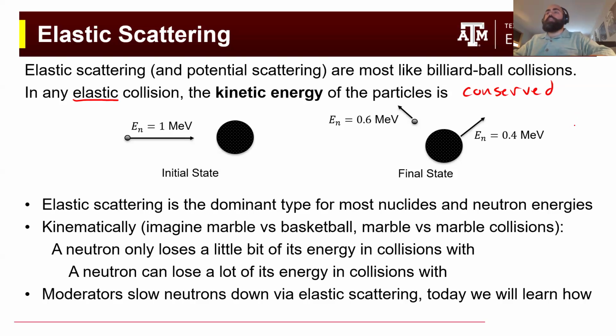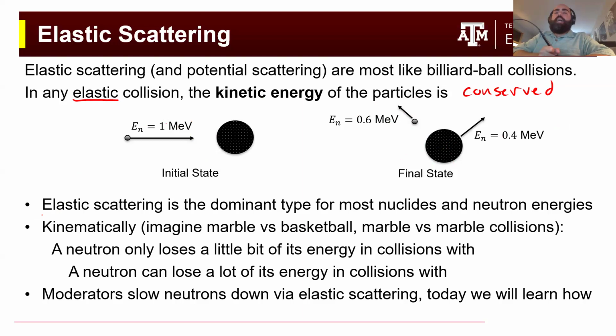Which obviously means that if you look at the kinetic energy of the particles in the initial state before the collision and in the final state after the collision, the kinetic energy is the same, right? We had one MeV at the beginning, and then we have one MeV at the end if we total up the energy of the nucleus and the energy of the neutron after the collision.